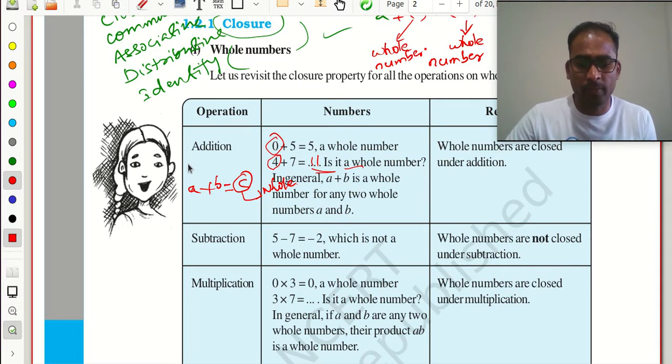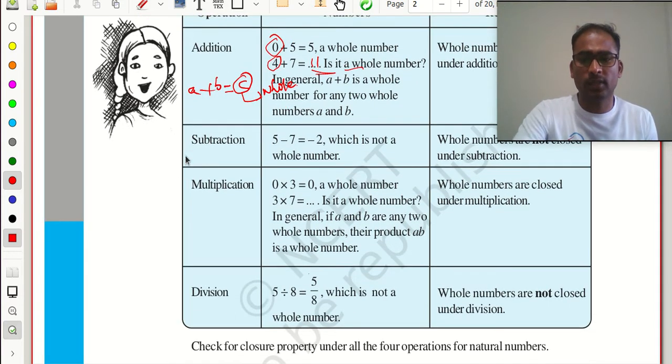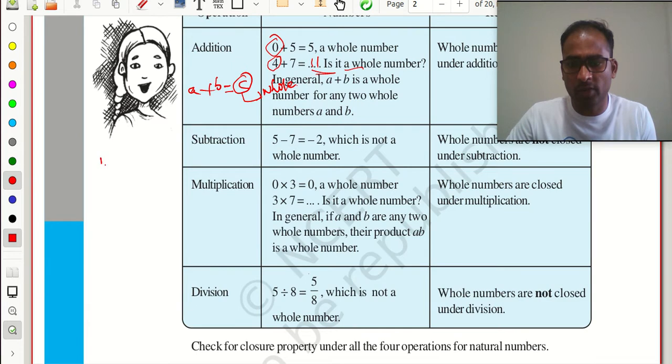Clear? Then if I go for subtraction, suppose I have the number 5 and I subtract 7 from it, what will I get? I will get minus 2. Is minus 2 a whole number? No, sir.